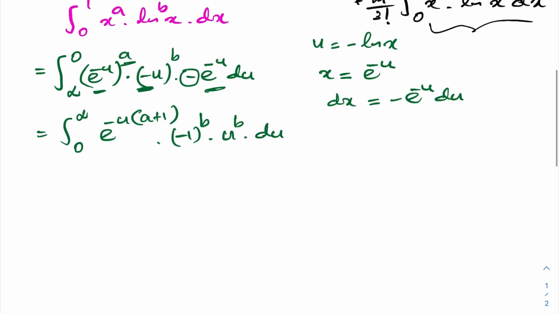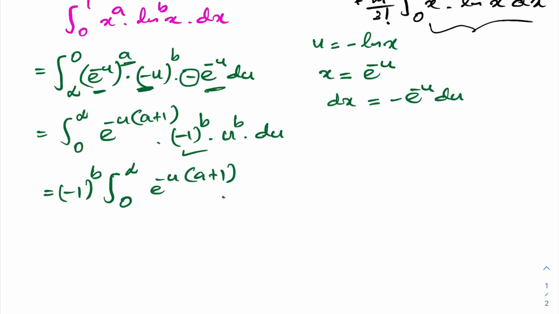Then minus 1 raised to the b is a constant, so it goes outside of the integral sign, and we have the integral from 0 to infinity of e to the minus u times a plus 1, times u to the b, du.